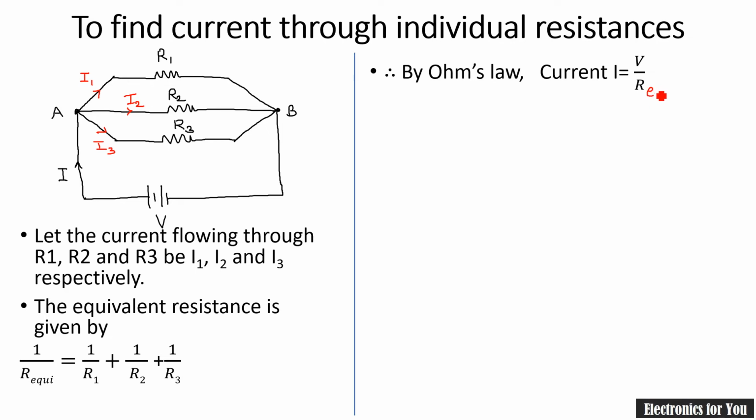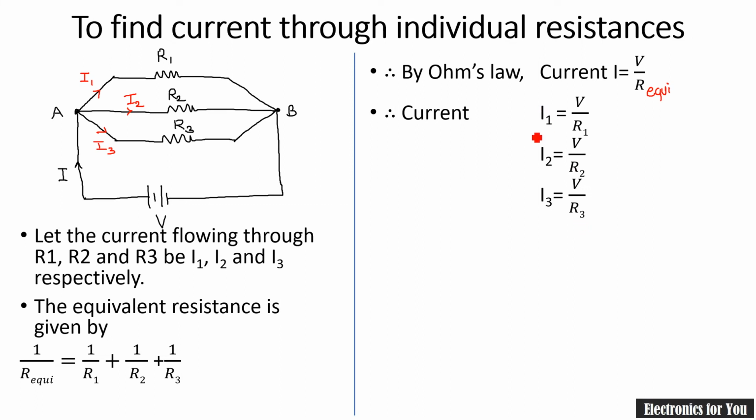So I is equal to V upon R equivalent in this case. We can calculate the individual currents by using Ohm's law again. I1 will be equal to V, the voltage supply, divided by resistance R1. Similarly, I2 is equal to V divided by R2 and I3 is equal to V divided by R3.